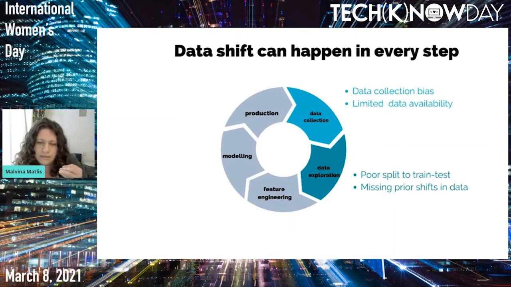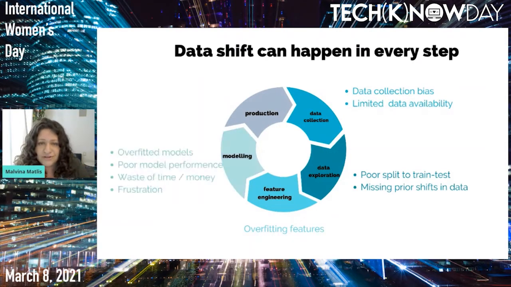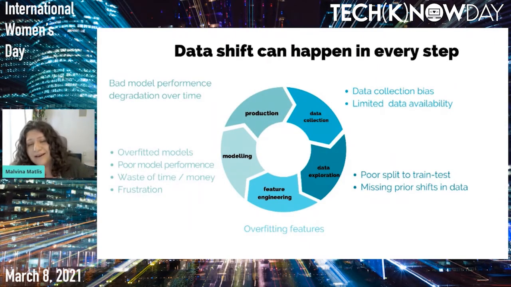But if you're missing the fact that you have a shift in your data, you will devote yourself to creating more complex feature engineering and more complex models, and just waste a lot of time and energy trying to model something that you don't actually understand. And let's say that you've even managed to do that and you've put a model in production, then you still have to monitor it over time to make sure that the non-stationarity effect doesn't set in and you have no performance degradation in your model.